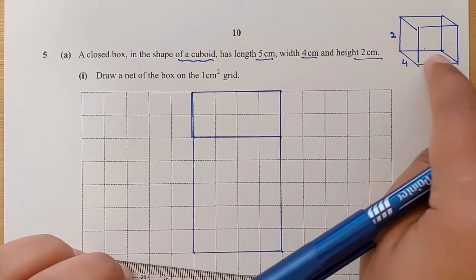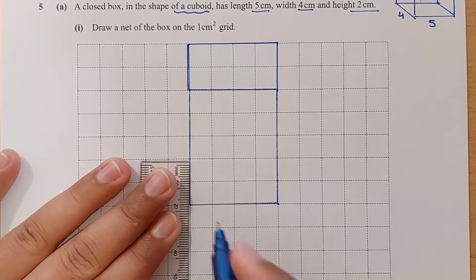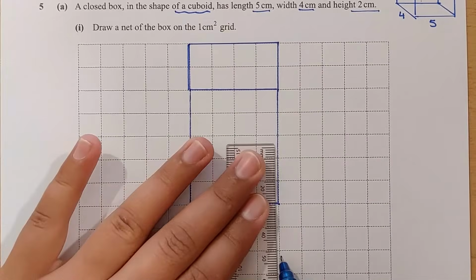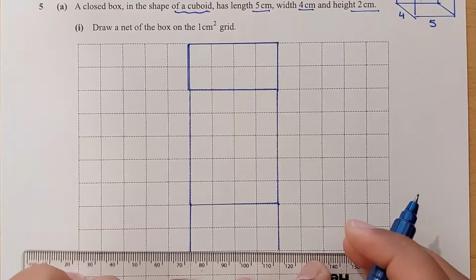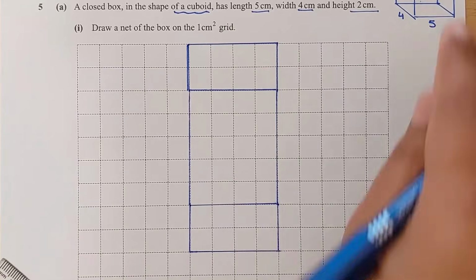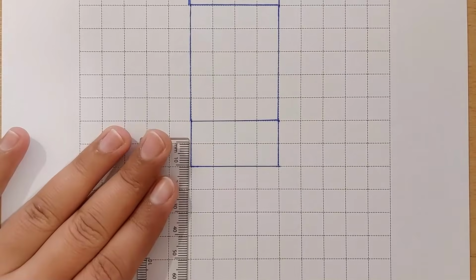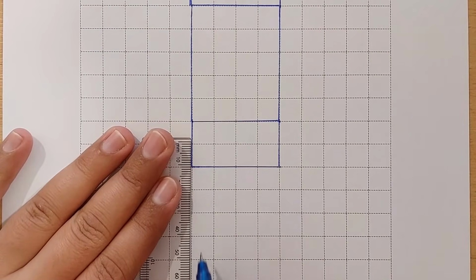The right side is the same, 4 by 2. The top is also 5 by 4: 1, 2, 3, 4, 5.